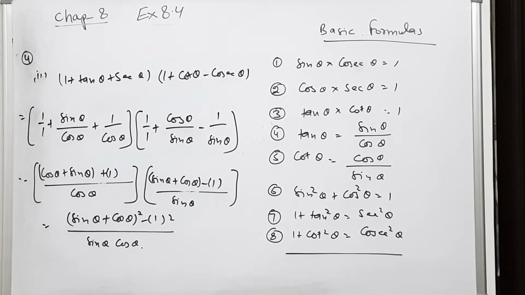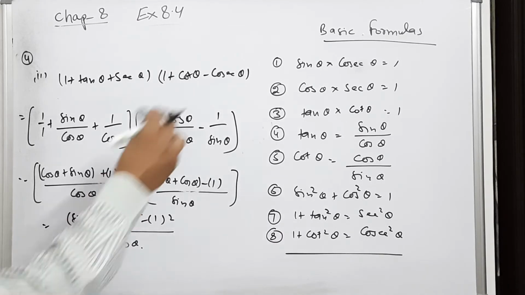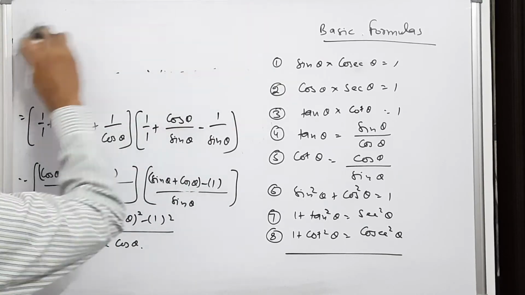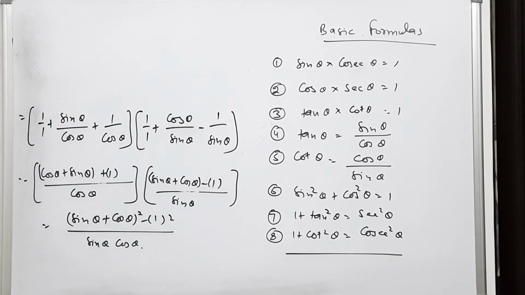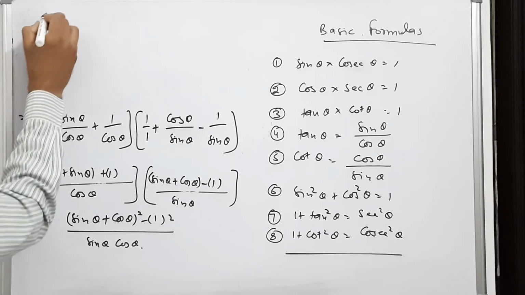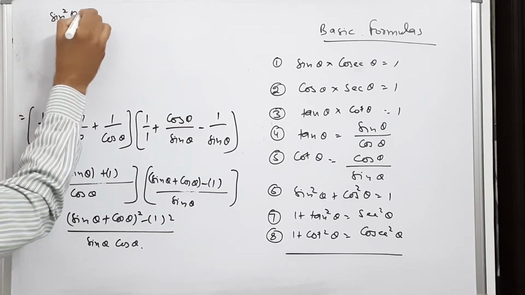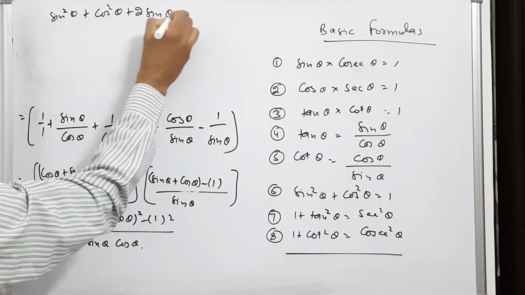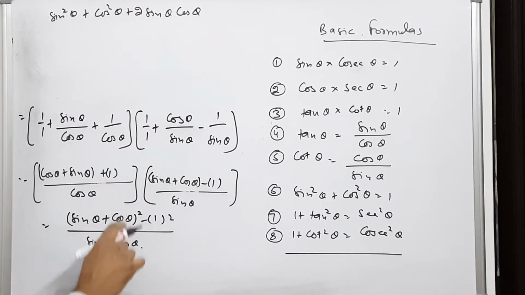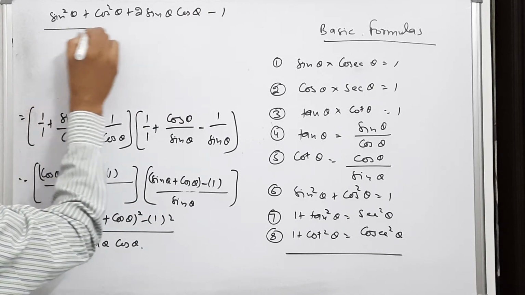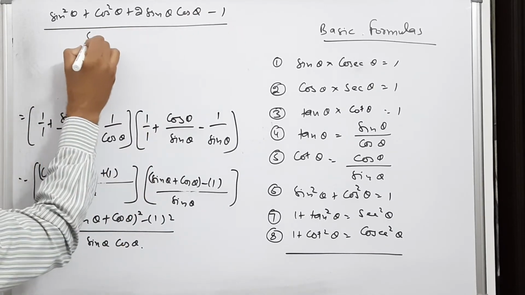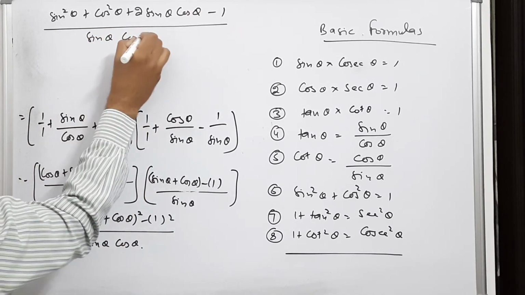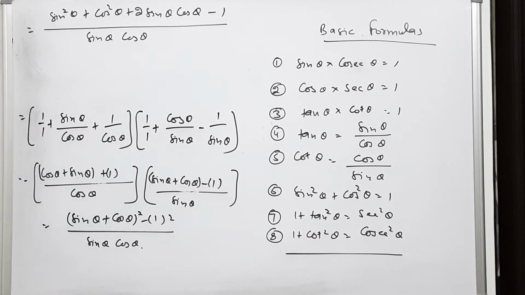Now, when you expand it, it is sin square theta plus cos square theta plus 2 sin theta cos theta, minus 1 upon sin theta cos theta. I am not in hurry, please see this part.